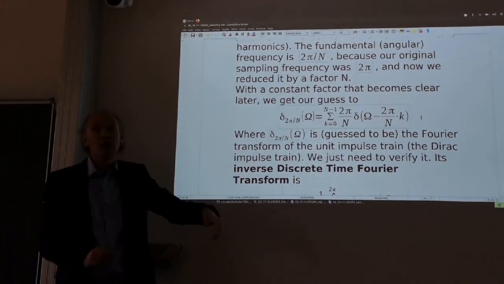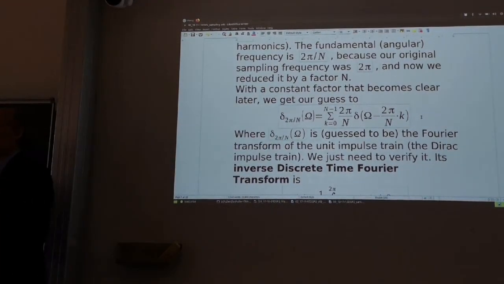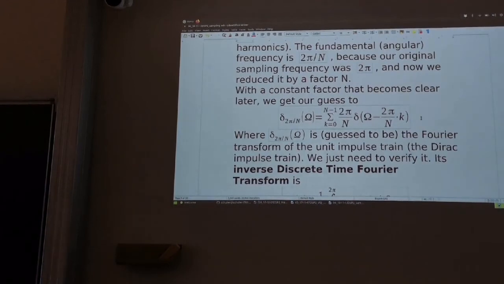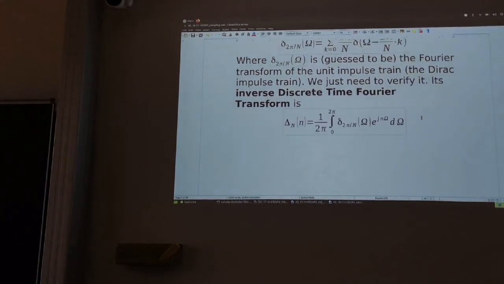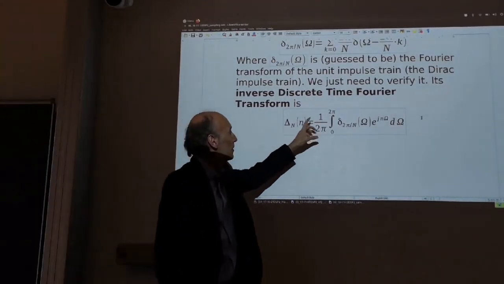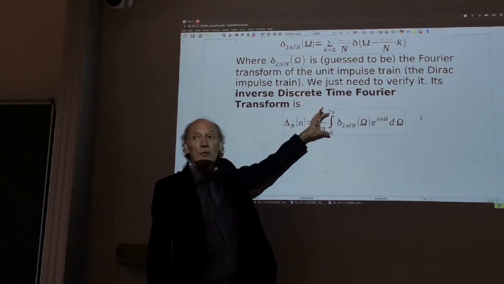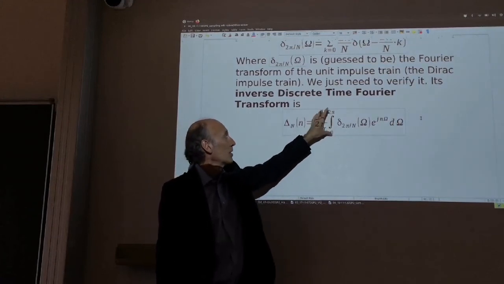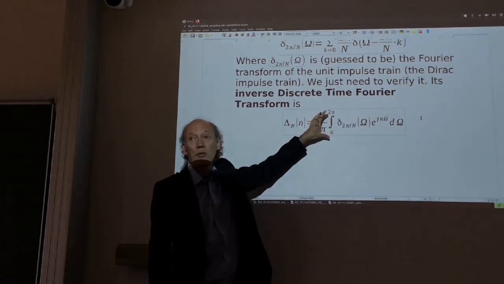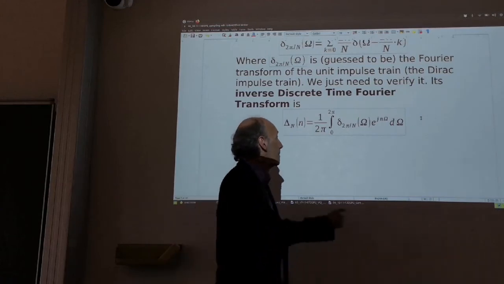And now we need to apply the inverse Fourier transform to see if this is really the unit pulse train. Okay. So we apply the inverse discrete time Fourier transform. You all remember? So it goes from 0 to 2 pi, just from 0 to 2 pi because of the periodicity.